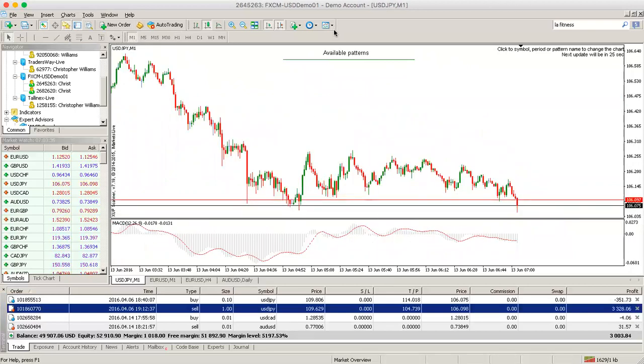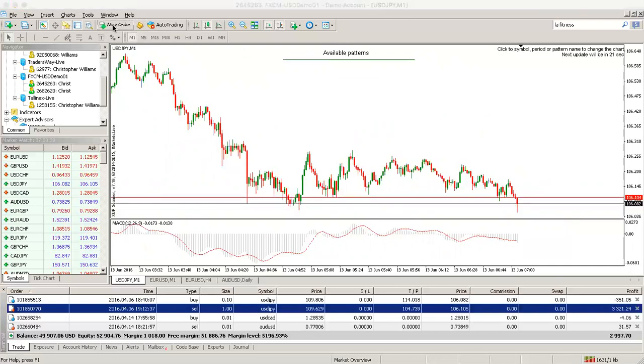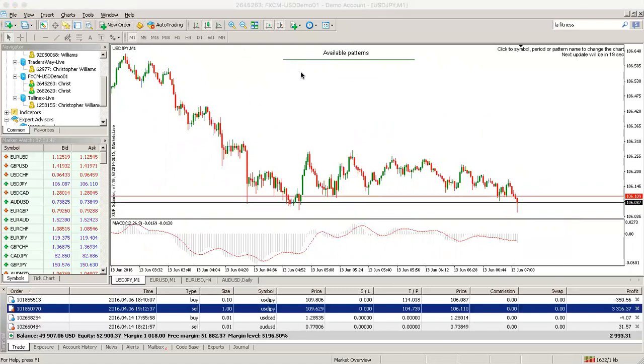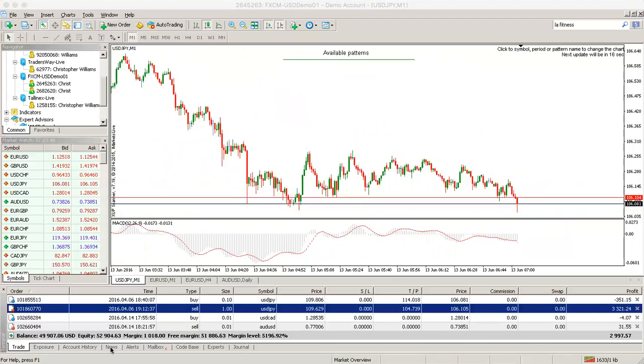Like I said, I'm already on a sale. If I want to put an order in, I just go to new order, and it depends on my account size. Like I said, this demo has $50,000 in it. I'm going to do 2 cents. It's just a test, right?